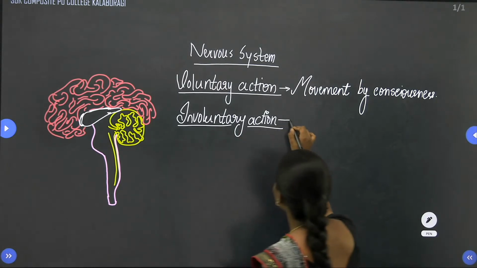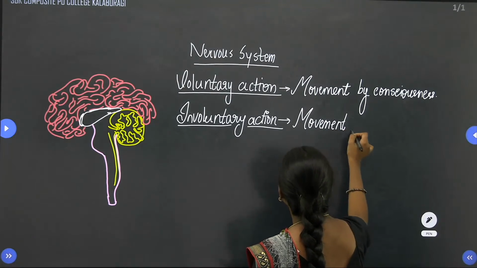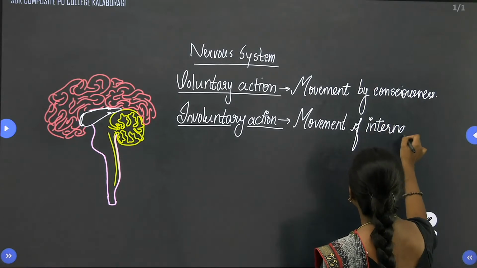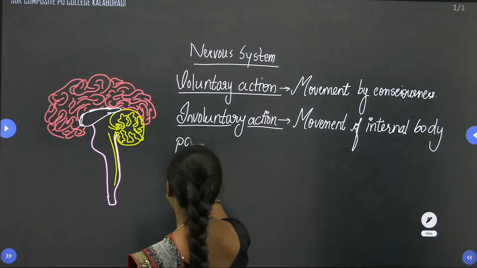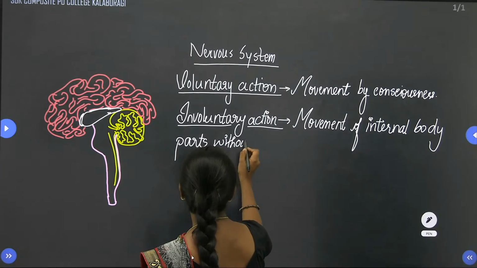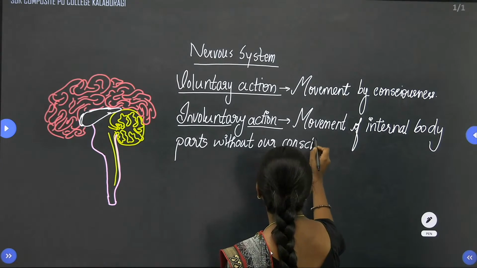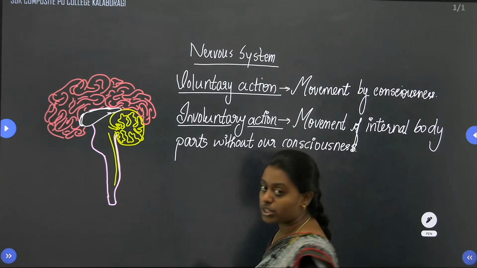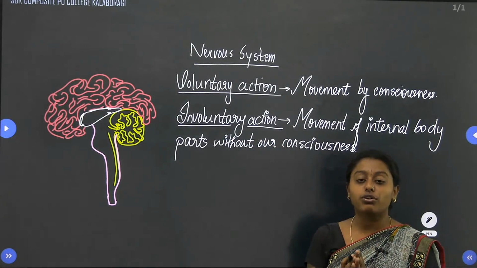Involuntary action refers to movement of internal body parts without our consciousness. Involuntary action is taken up due to contraction of the smooth muscles.